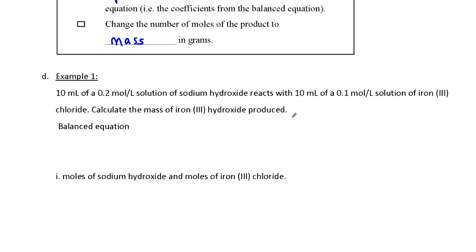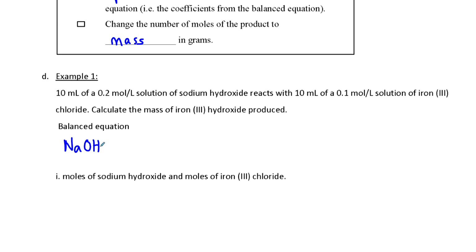Okay, so this is clearly a chemical reaction. We've got sodium hydroxide reacting with iron 3 chloride. We're told one of the products is iron 3 hydroxide. So let's write out the balanced equation first, and then we'll decipher these values next. Okay, so sodium hydroxide is NaOH.